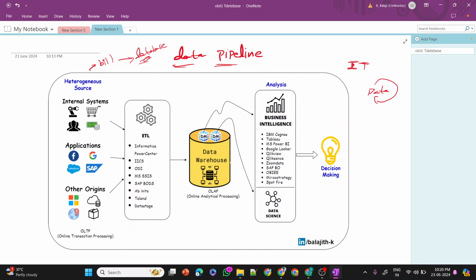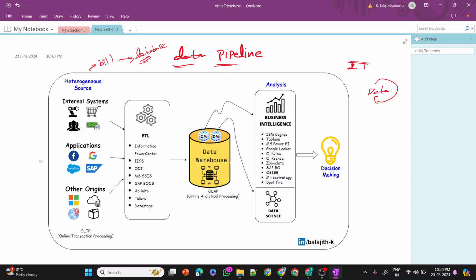So the data is collected directly from a website, or billing data is stored in databases so that we can take the bill data from the databases, or from a real-time billing system, or real-time applications.